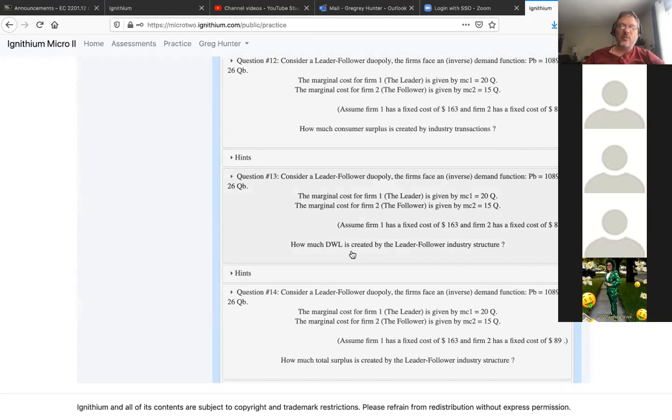We talked about it last time, but I don't want to solve it in all of its gory detail. What I want is for you guys to formulate the competitive equilibrium. So let's go ahead and work on question 13, compute the competitive equilibrium, and then we'll talk just a little bit more.